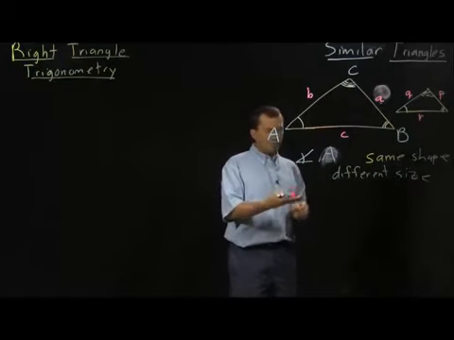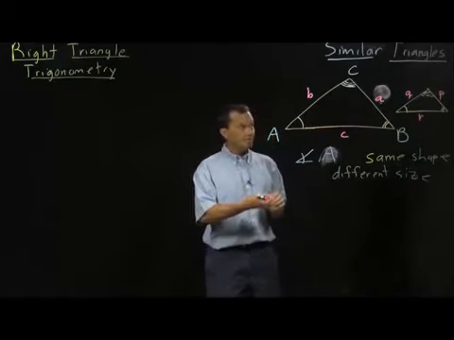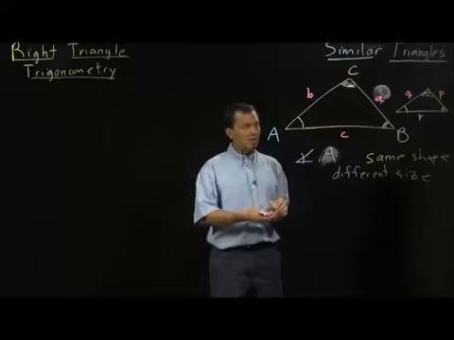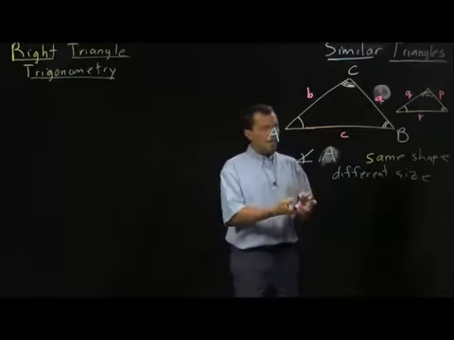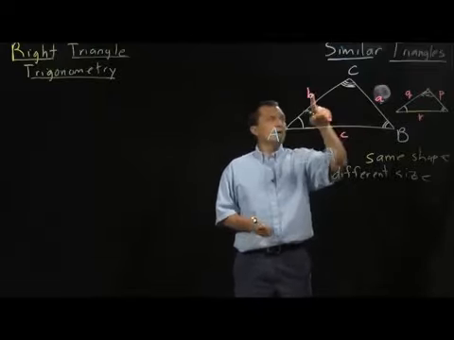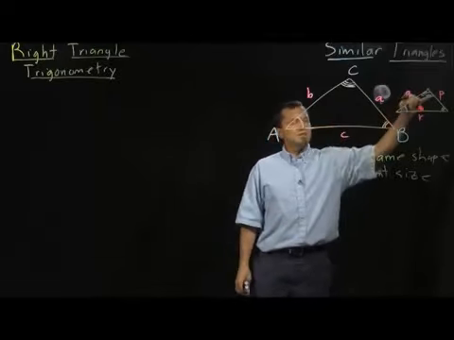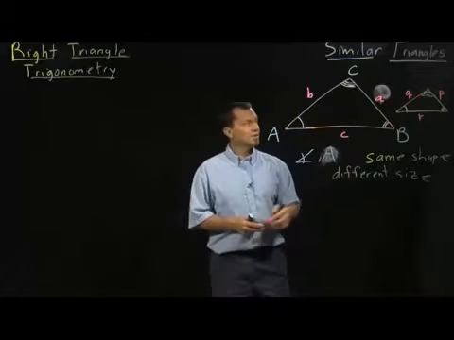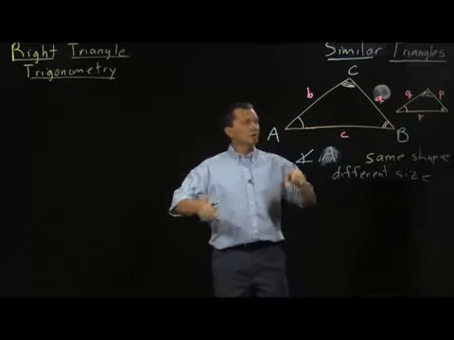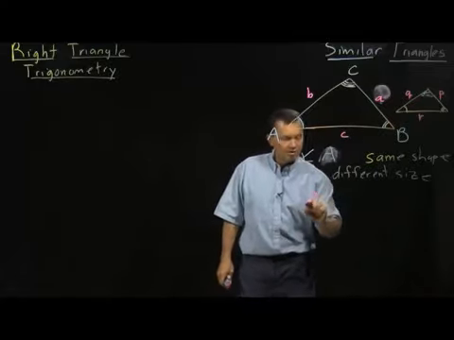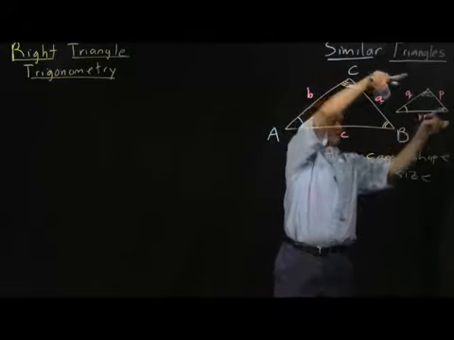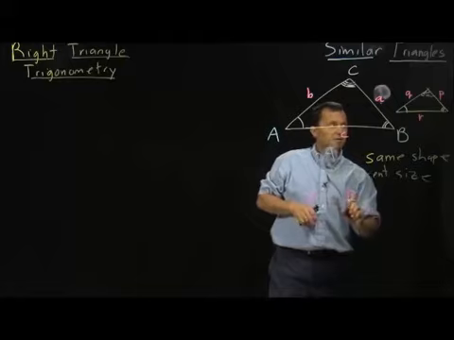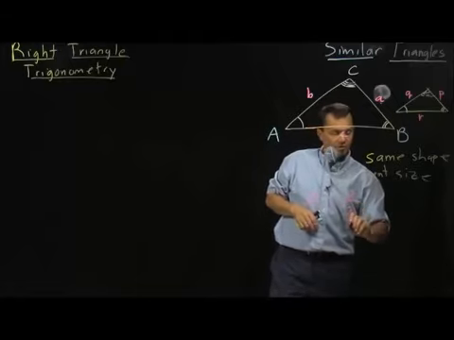Now, one of the beautiful properties of similar triangles is that their sides are proportional. Okay? What that really is saying is that if I take the ratio of 2 sides here, it's going to be the same exact proportion as in the other triangle. So my ratio of a over b, it must be the corresponding sides, is going to be the same as p over q.